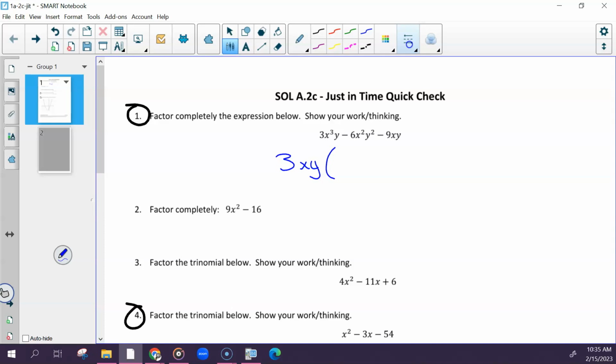What would that next term be if we're dividing this by 3xy? Would we still have a number?